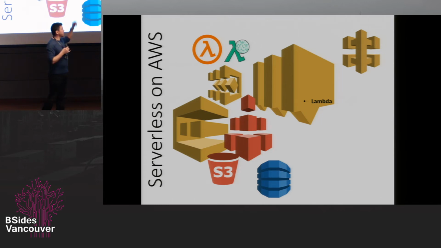So something that you might use Lambda for today, if you're not using serverless, might be just a routine job. Maybe it's a command line or a cron job that you have running in the background.